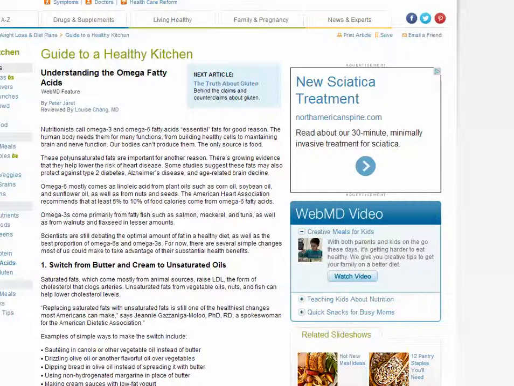I don't really need those saturated fats. I need my omegas. Where do the omegas come from? Well, the omegas will come from vegetable sources. So very often you will see vegetable oils, and you will see canola oils, and you will see olive oils that are out there. Think about the difference here.